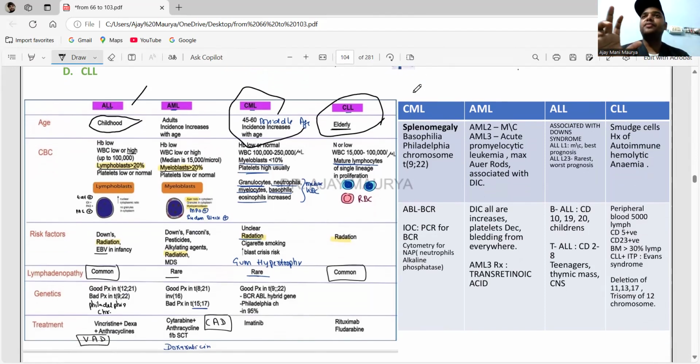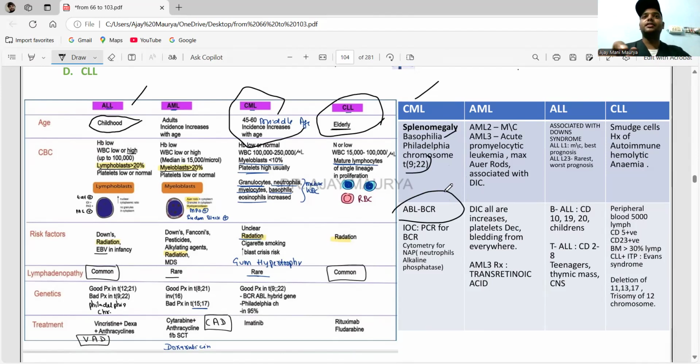Next one, listen carefully. They are going to mainly focus on the CML. In CML, what you have to look for in the question is basophilia, and a translocation of chromosomes 9 and 22, and the gene is BCR-ABL.